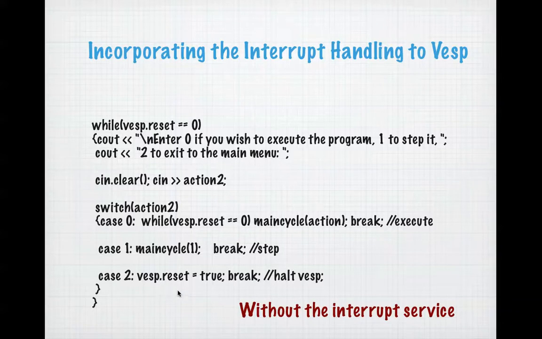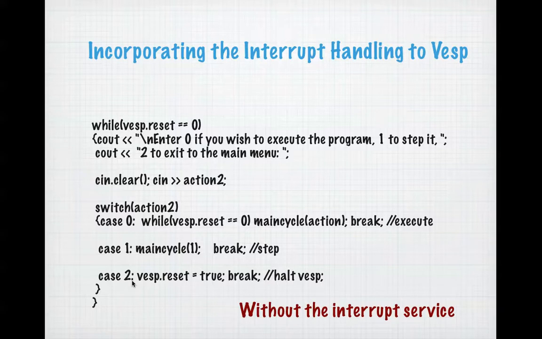When we don't terminate the loop, we could do either a step, which is this case 1, where we do one main cycle and then simply break, or we can go into a repetitive execution of the main cycle, which will only be terminated when we encounter a halt instruction. So we will simply start our loop and figure out what action we need to take, and those are the 3 actions. And this is the basic VESP execution loop without the interrupt process incorporated into it.